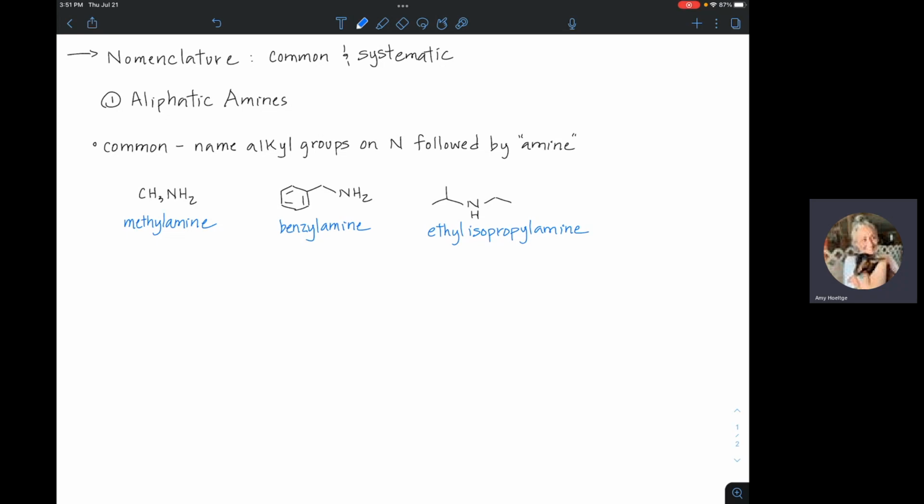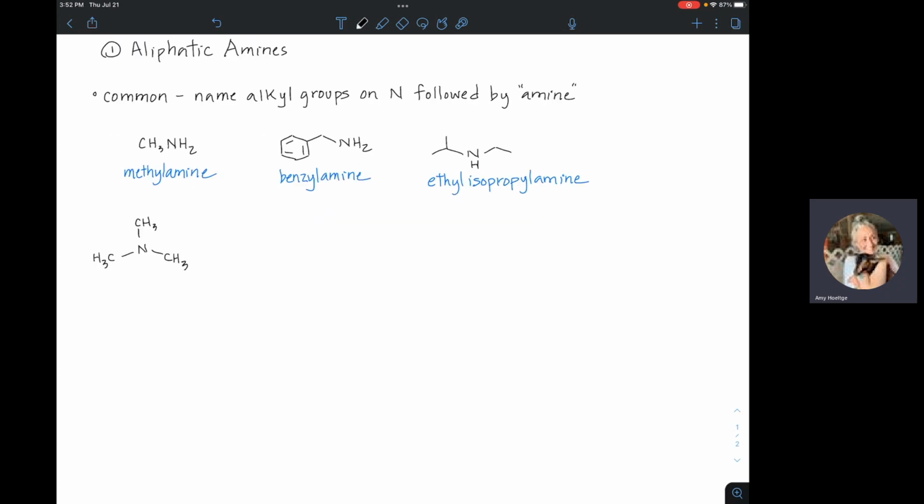So, well, might as well do a tertiary amine while we're here. So I could have three methyl groups. It's worth noting that I'm not drawing in the lone pairs on the nitrogen, but they are there, right?